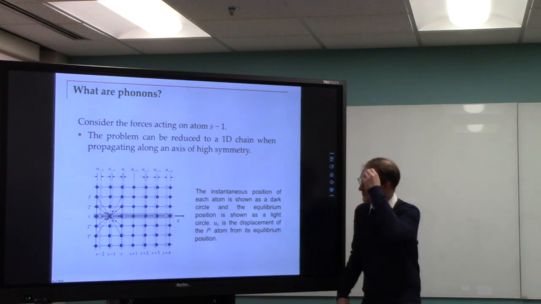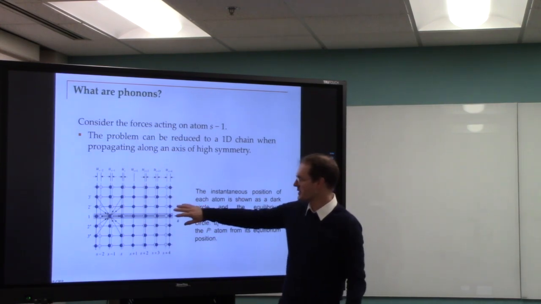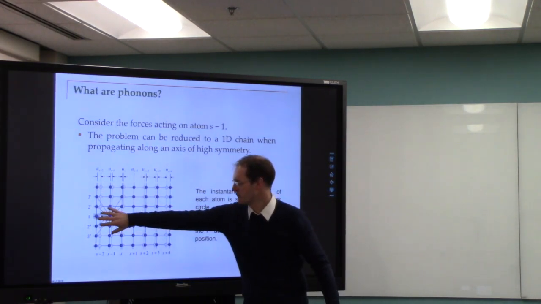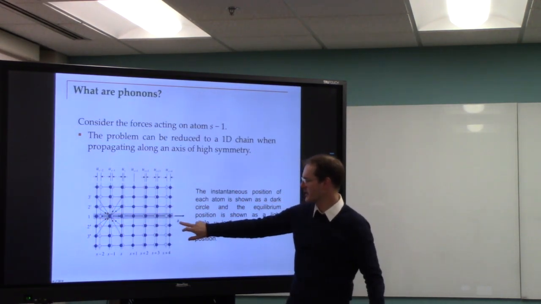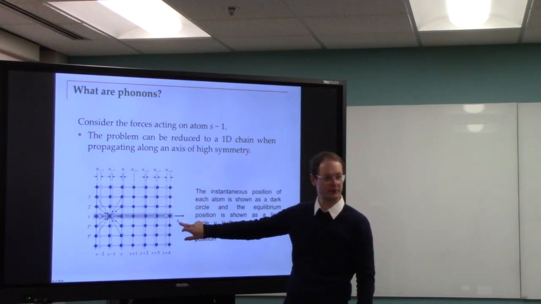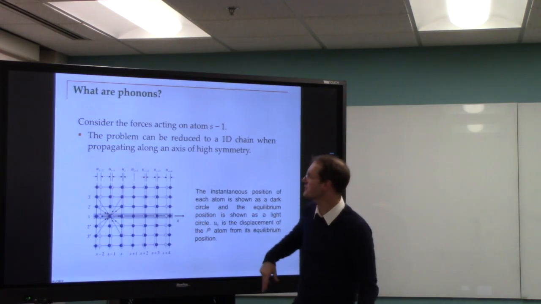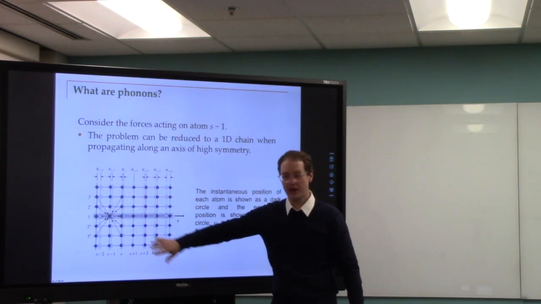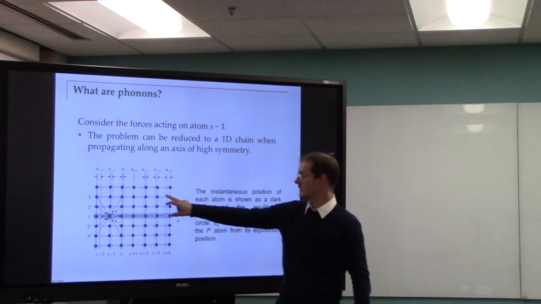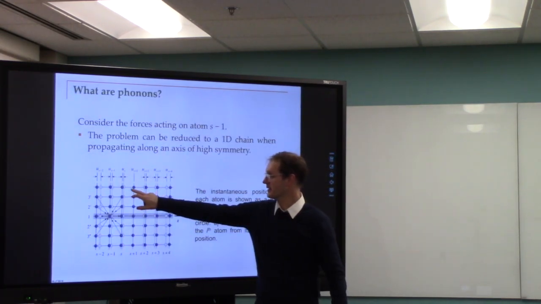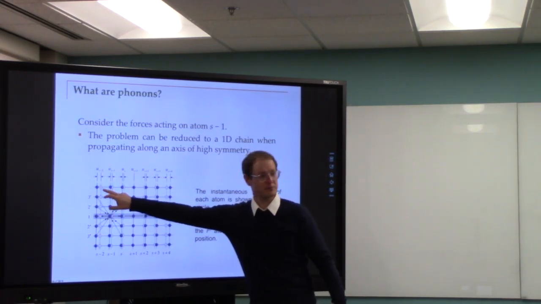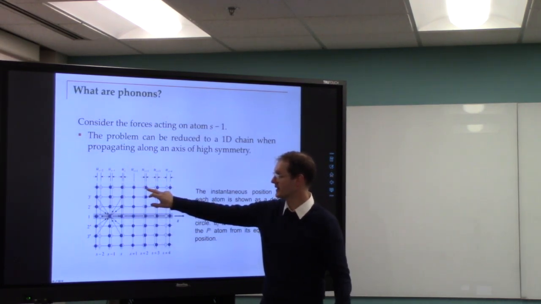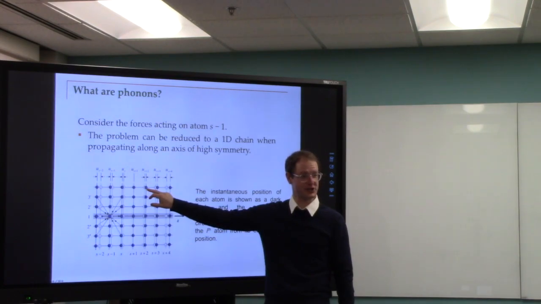Okay, so if you consider a vibration of a lattice along with a wave that is propagating in a particular direction, denoted by the k vector, the wave vector, then you can think of it in terms of this picture, where the light-colored circles represent the equilibrium lattice position of each atom, if you have a square lattice, and the dark circles represent the instantaneous position of each atom.